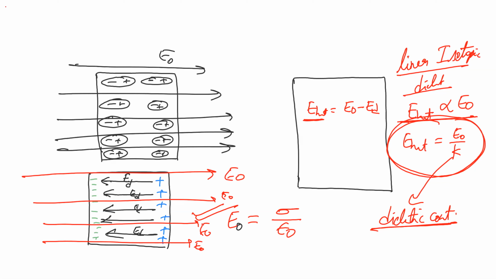Field is becoming 1 by K times. Field is reduced by a factor of K because of dielectric insertion, right? But what will happen to the capacitance? How many times will the capacitance change? That we have to see. So now let's discuss that.